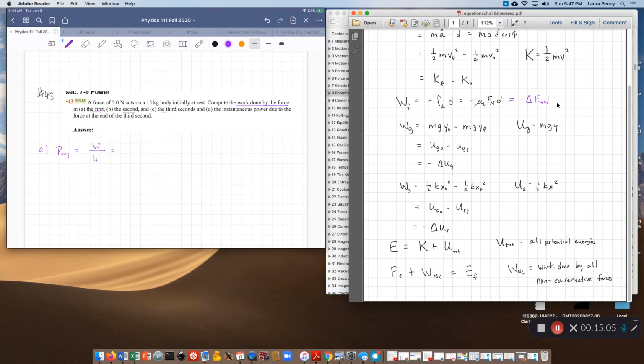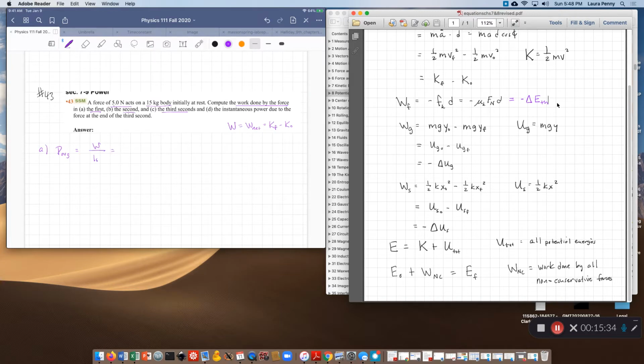So the work done by this force, it's the only force acting on it. We're going to say it's the only force acting on it. And so it's also the net work. The easiest way to go about this is to use the change in kinetic energy for this object.